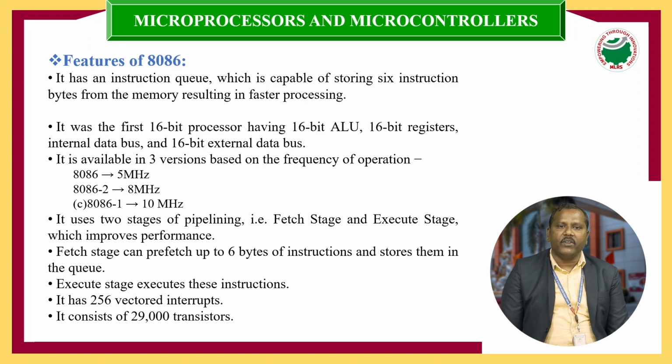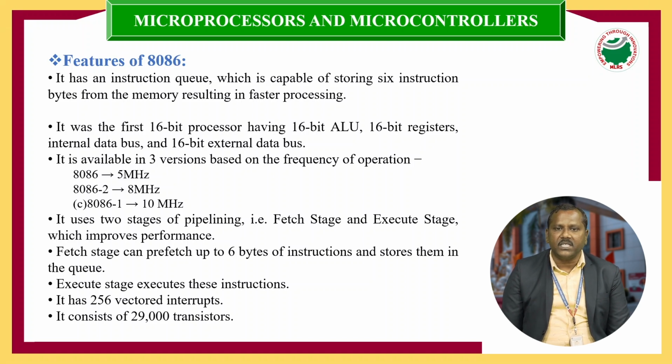The operating frequency of 8086 has 3 ranges available based on the operating mode. The 8086 microprocessor can operate in two modes, minimum mode and maximum mode. Minimum mode means single processor, maximum mode means multi-processors. Based on the operating mode, we can use the frequency range.